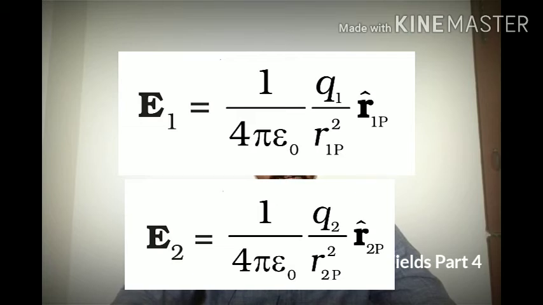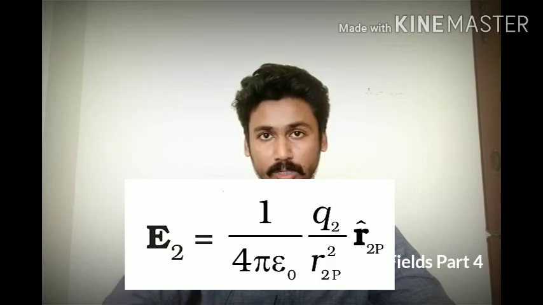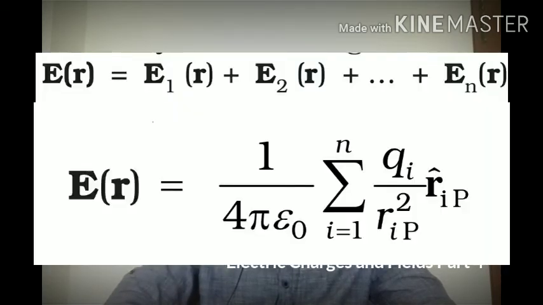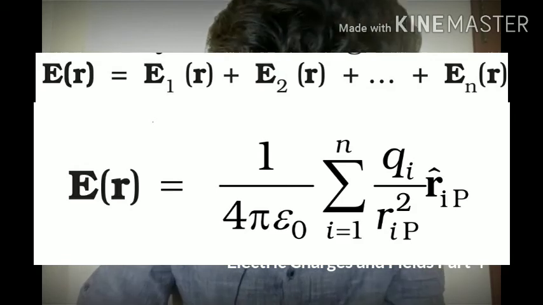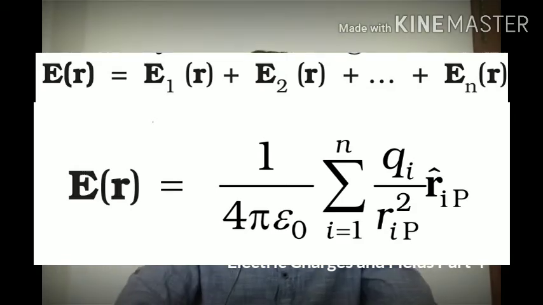Similarly, the electric field at P due to charge Q2 is given by E2 equals 1 upon 4 pi epsilon naught, Q2 by R2P square, R2P cap. You can do this for all the other charges. We will find that the total electric field at point P is given by E(r). We have used r because electric field is a function of position.